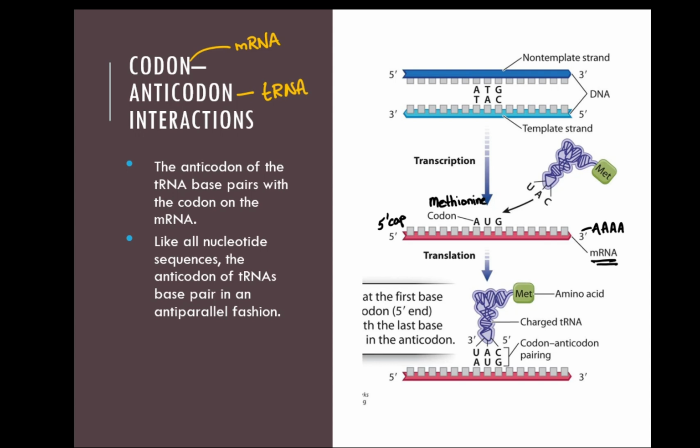This is where we should start reading three bases at a time. You can see that here this is a charged transfer RNA with methionine. It can come into the A site and associate with that codon. And this is the anticodon.